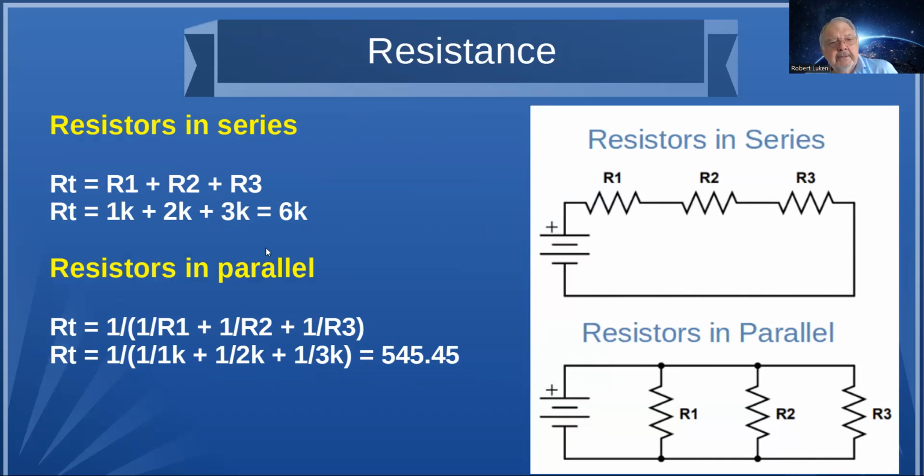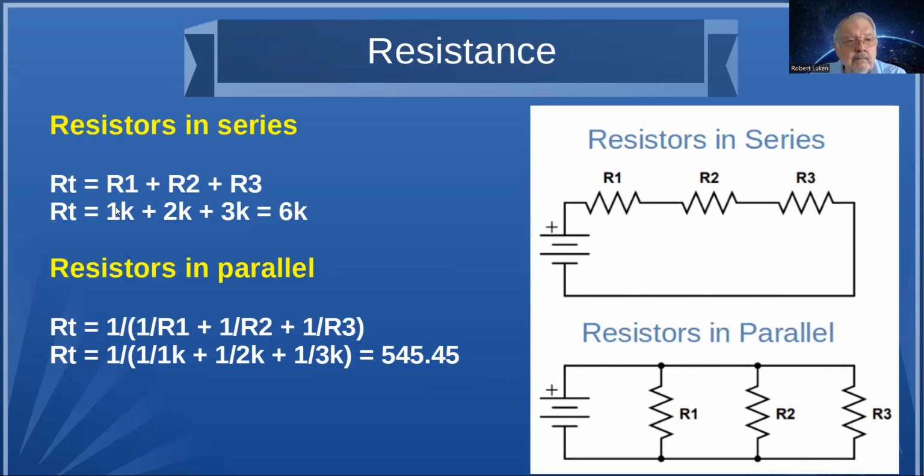So in essence, I will take the reciprocal of R1, add it to the reciprocal of R2, add it to the reciprocal of R3, take whatever that total is and take the reciprocal of that, okay? And I'll get my 545.45 ohms.